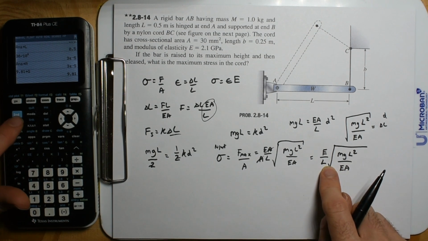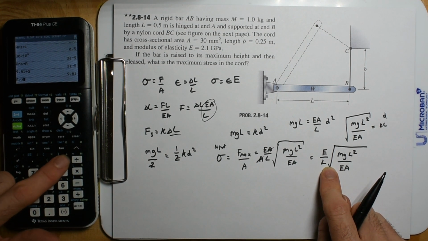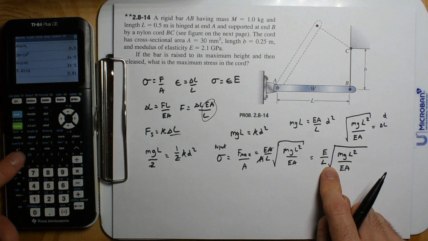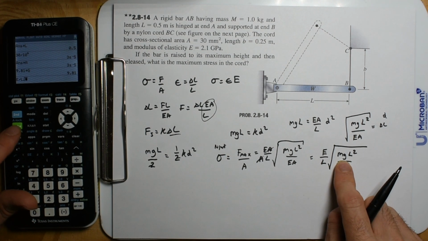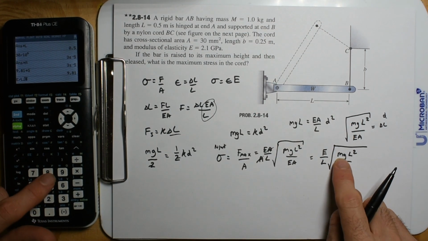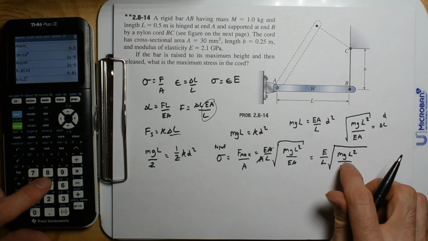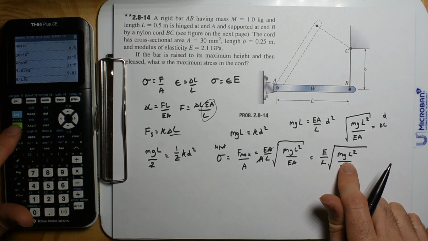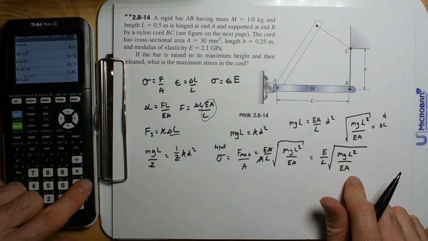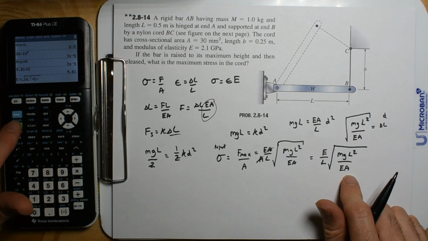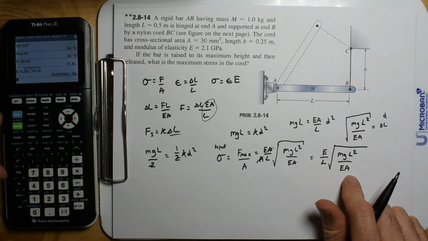And now let's do it. So we're going to have alpha E divided by alpha L, and then the square root. Oh, we didn't do mass, but mass is just 1, so we're just going to get rid of that. And then alpha G, alpha L squared, divided by alpha E, divided by alpha A. And then we did it.